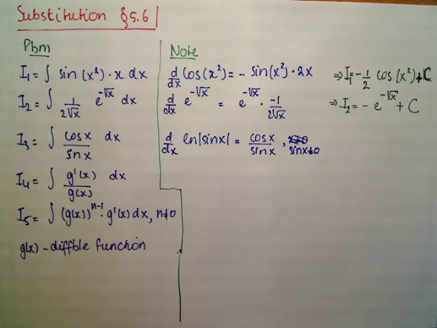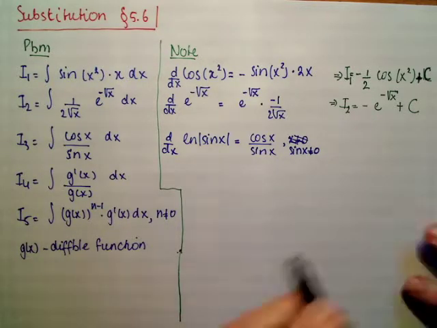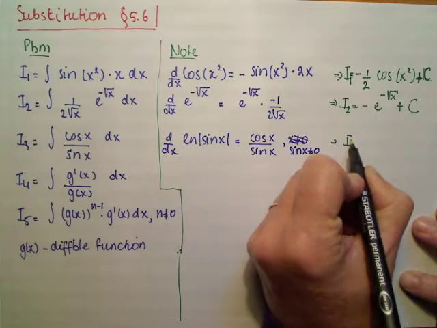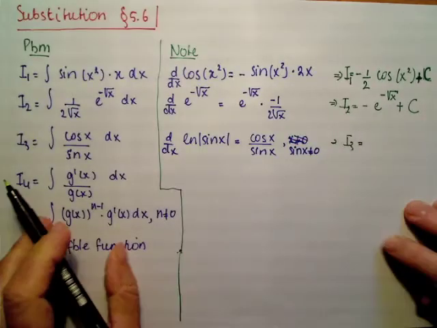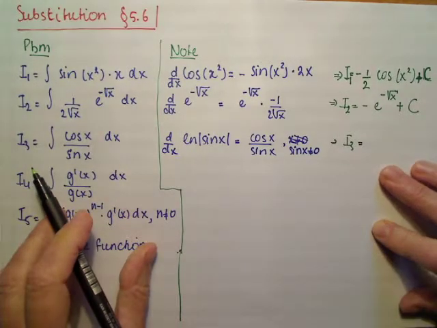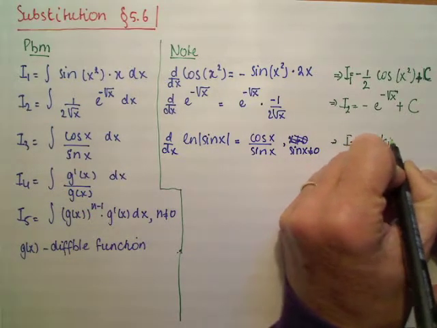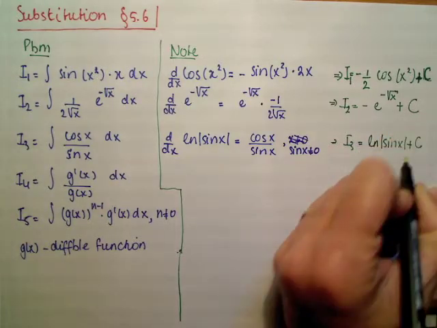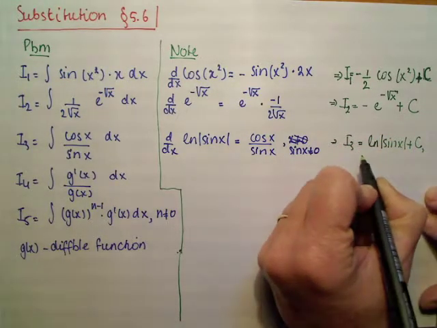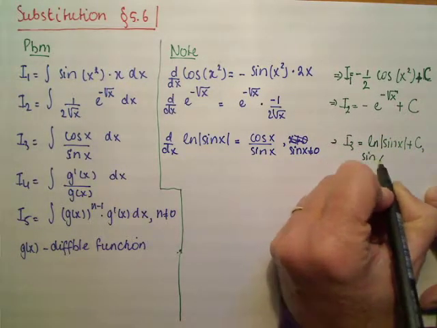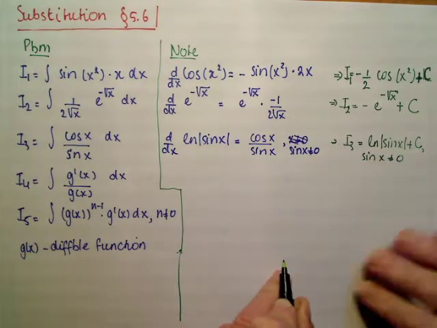And so what we get as the required primitive is the natural logarithm of the absolute value of sine of x plus a constant. Of course, this primitive is only valid whenever sine of x is not equal to 0.